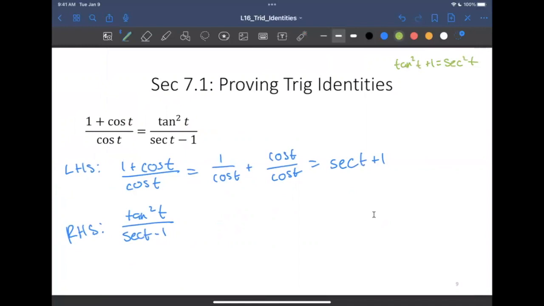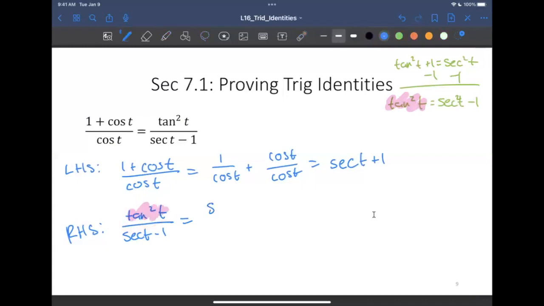If I subtract 1, I get tan squared of t equals secant squared t minus 1. Like that, right? So I'm going to substitute that in for tan squared t. This is equal to this, right?